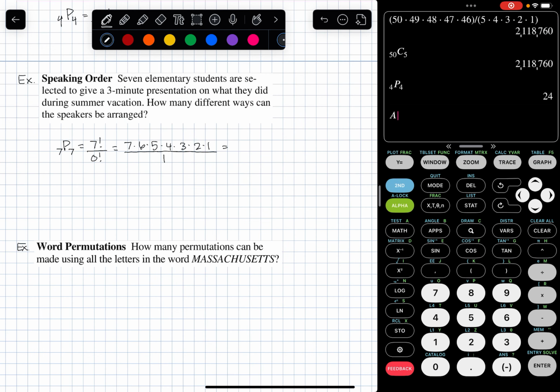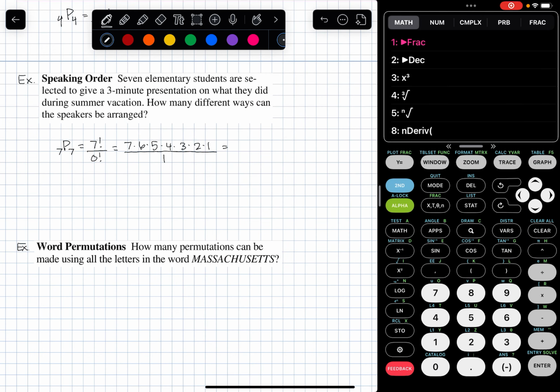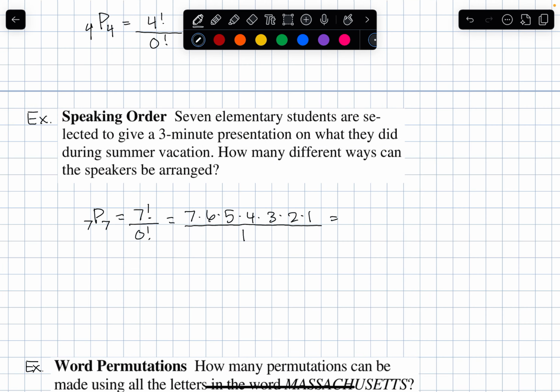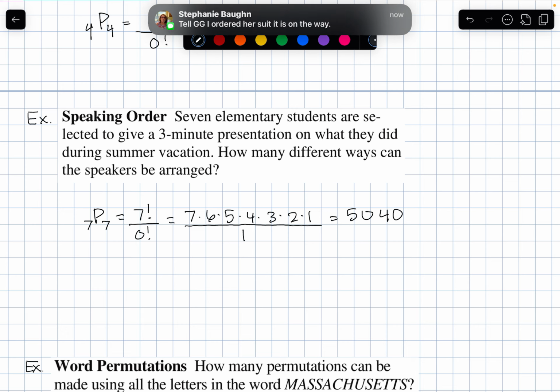So math, maybe. And we get 5,040. So if I have 7 students and the order that I present them in matters, there are 5,040 ways I can arrange those students into different orderings.